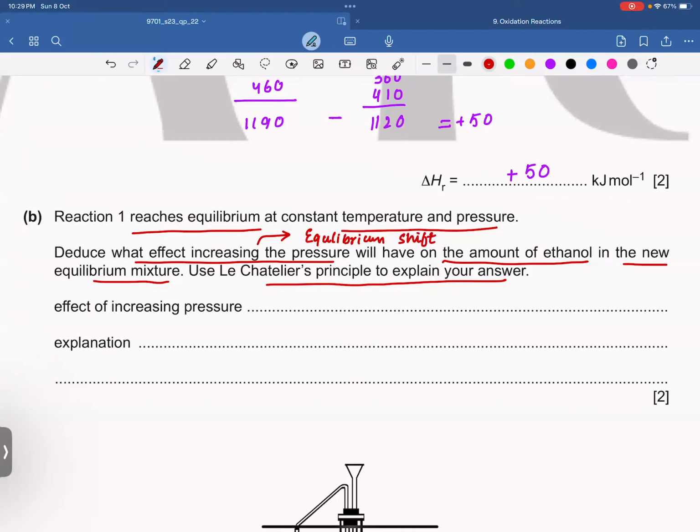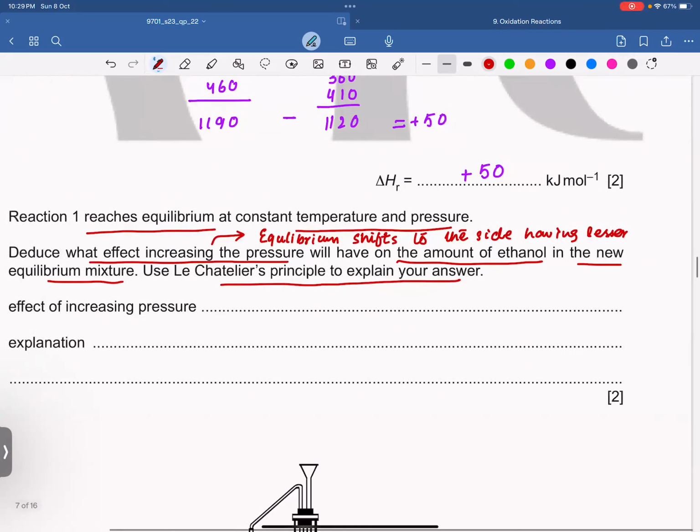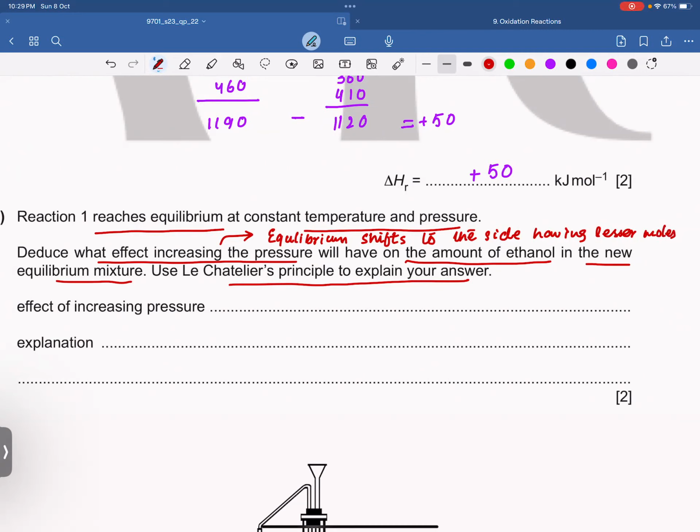Shifts to the side having lesser moles of gases.